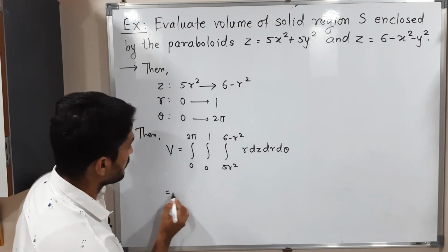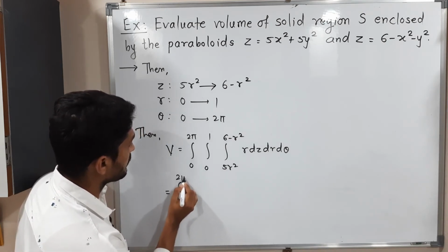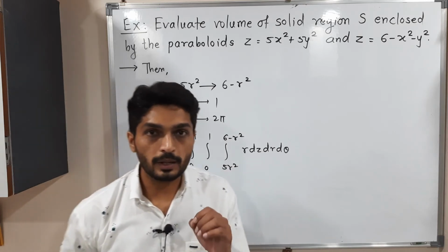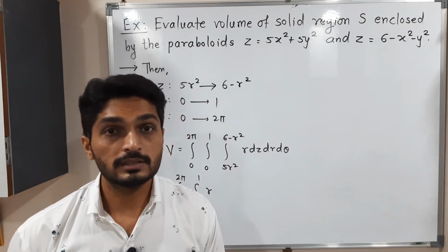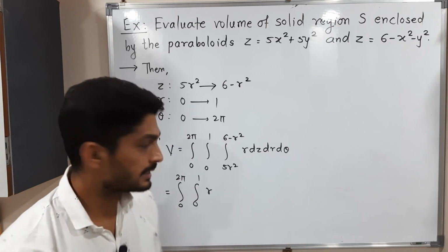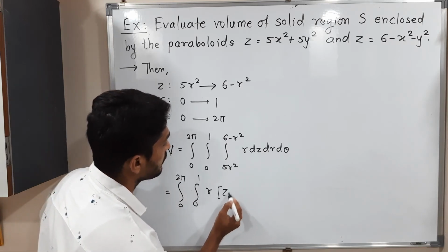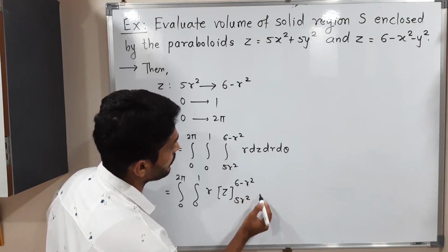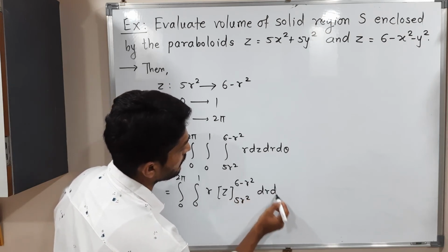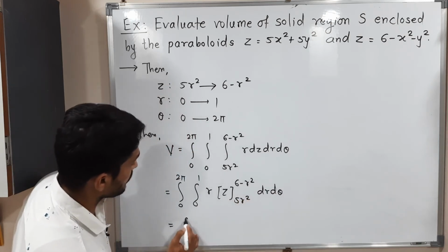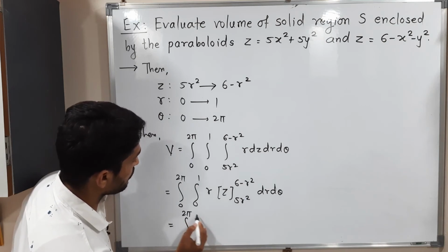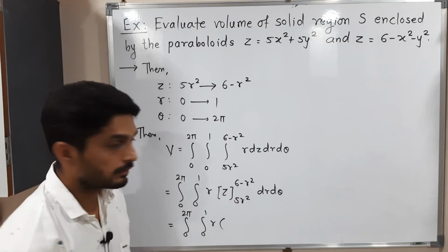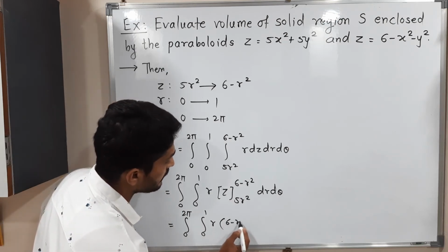This is equal to integration 0 to 2 pi, integration 0 to 1. r is constant since we are integrating with respect to z. Integration of dz is z only, 5r square, and here 6 minus r square, dr d theta. So this is equal to integration 0 to 2 pi, 0 to 1, r. I am putting the upper limit first, which is 6 minus r square.